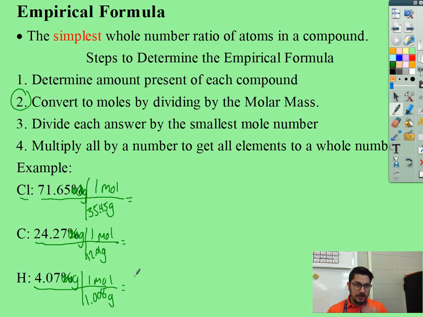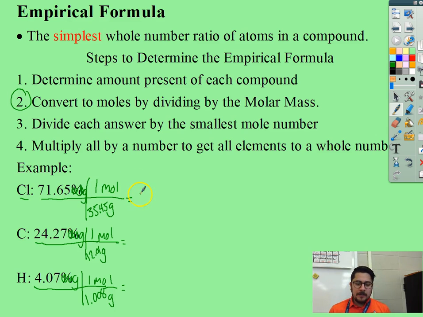I'm going to plug all these into the calculators. The less you round, the better. If you round too much, your numbers might get a little funky, so just make sure when you're doing this, try not to round too much. I like to go 4 decimal places in, unless it's a small number. Or 4 sig figs, I'm sorry. 4 or 5 sig figs will be good.